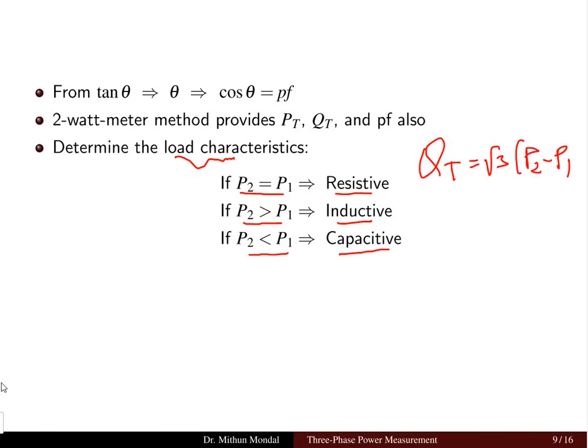So if P2 minus P1 is equal to 0, this is possible only when P2 is equal to P1. So it will be resistive in nature. And if P2 is greater than P1, the Qt will be positive, then it will be inductive in nature. And if Qt is negative, then it is capacitive in nature.